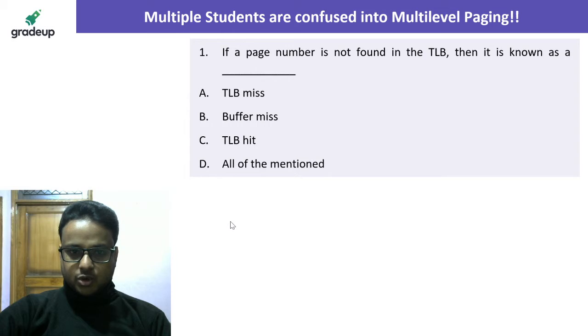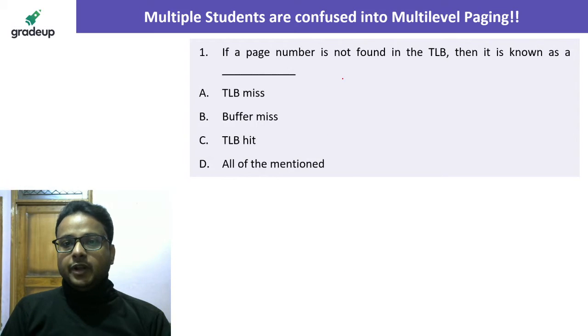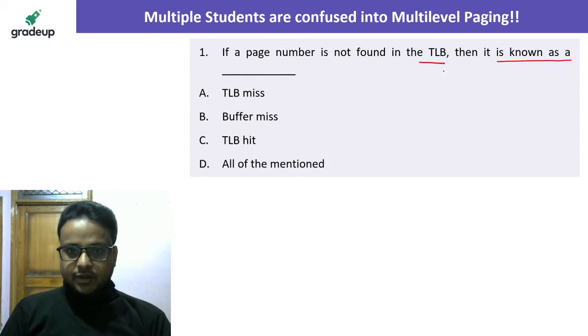In this question, if a page number is not found in the TLB, then it is known as dash: TLB miss, buffer miss, TLB hit, or all of the mentioned. I told you that the CPU will generate the address and we will find it in the TLB.